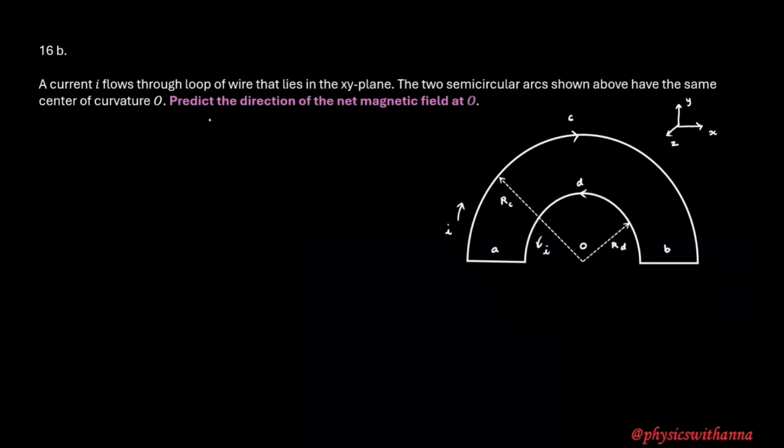Next in part B, we need to predict the direction of the net magnetic field at point O. Now we already discussed that the magnetic field due to segments A and B will be 0. So I just need to find the contribution to the magnetic field because of segments C and D. So let us first find the direction of magnetic field at O because of segment C and segment D. So we are going to use the right hand thumb rule.